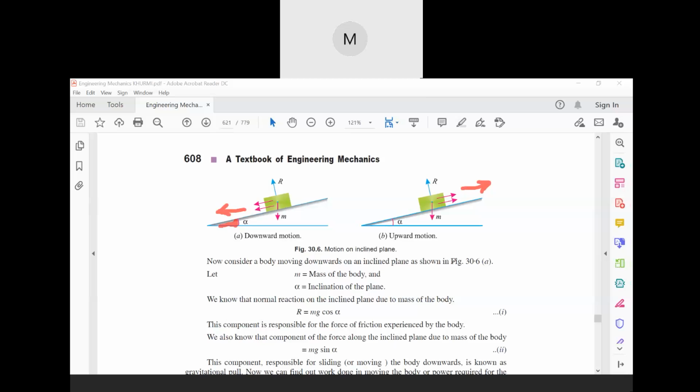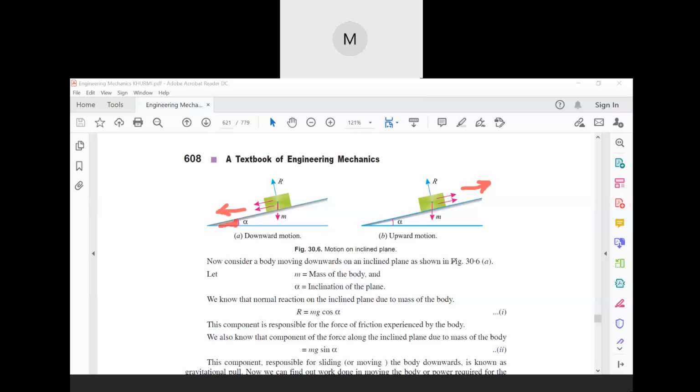Now, the normal reaction on an inclined plane due to the mass of the body. The body is having mass m, right? So if the body is having some mass m, then the body will give some normal reaction. Now always remember one thing.